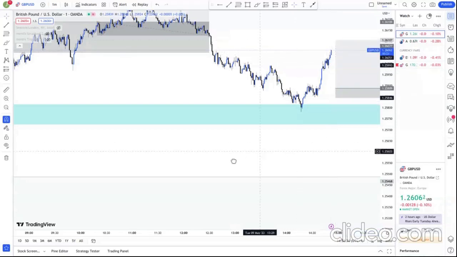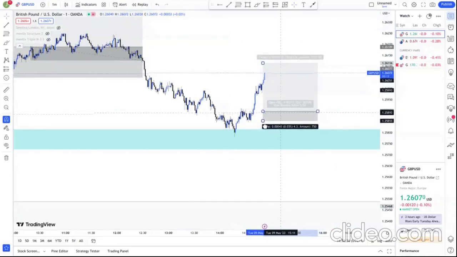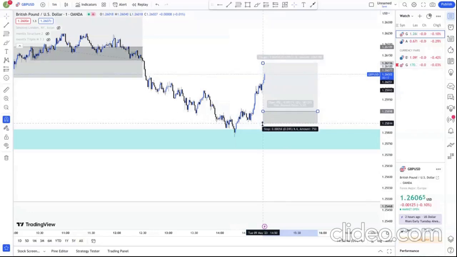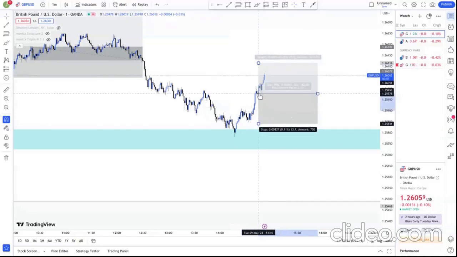It's a very tight stop, 4.3 stop loss. I'll increase it a bit because of spreads. Let's take this up. The market is moving. It's moving without me, but I'm not going to chase.